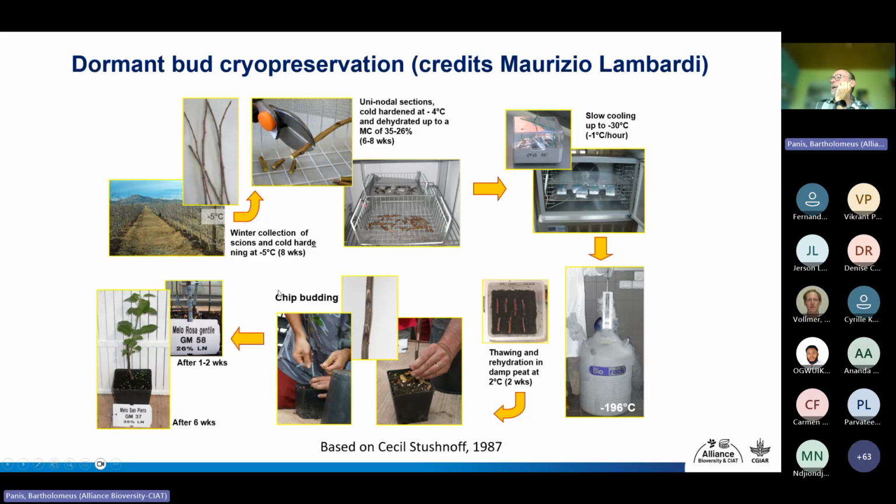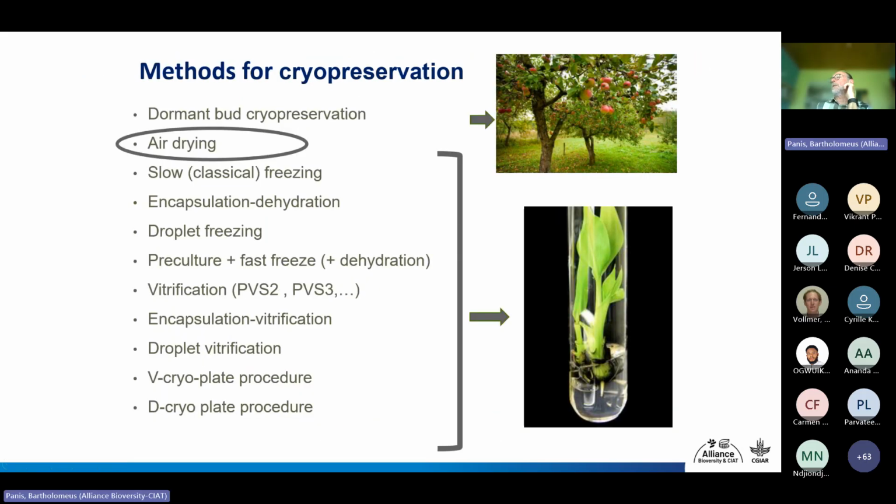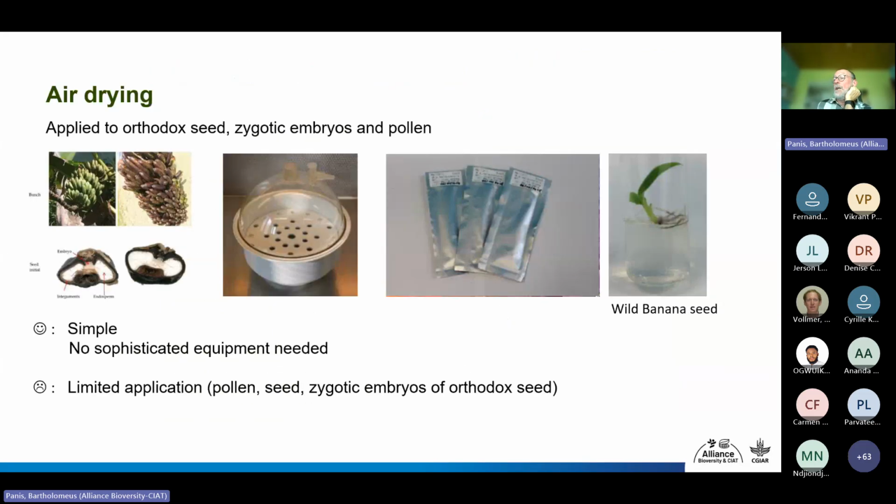Okay, so the second method is air drying. It's a very simple method, as explained already. We apply it, for example, for the cryopreservation of seeds of banana, but you can also apply it to pollen, zygotic embryos, and other orthodox seeds.